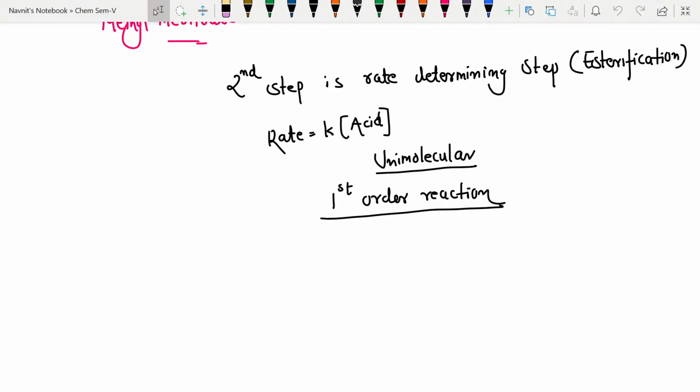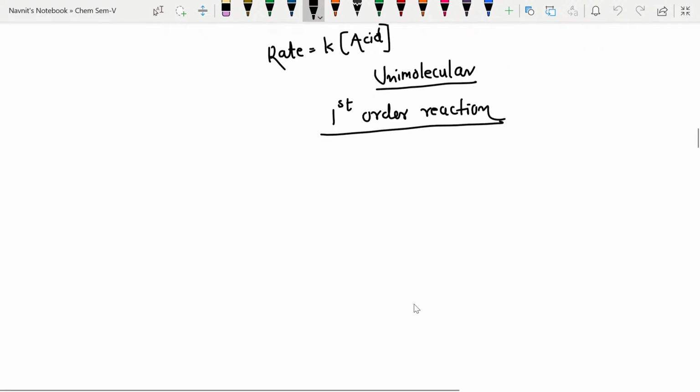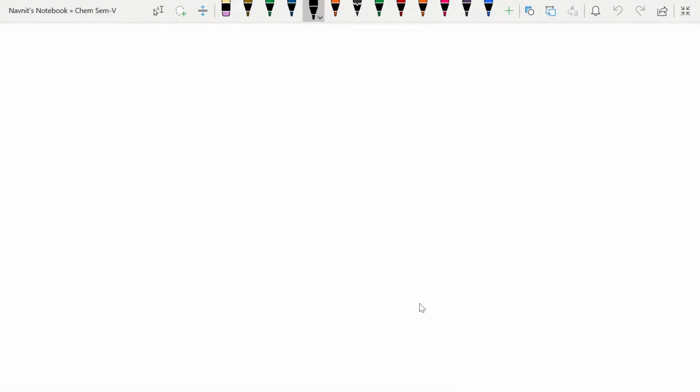So we have discussed the rate of ester hydrolysis, even the rate of esterification. The rate of ester hydrolysis depends on only the concentration of one species, that is ester.